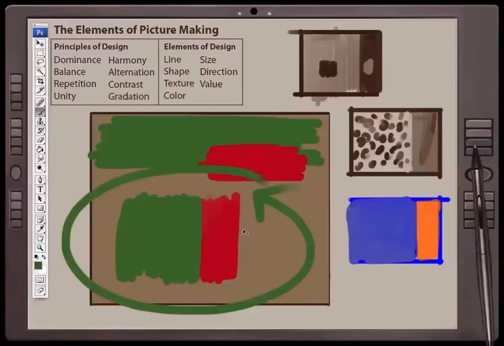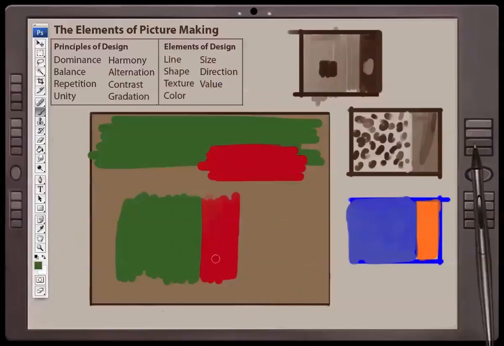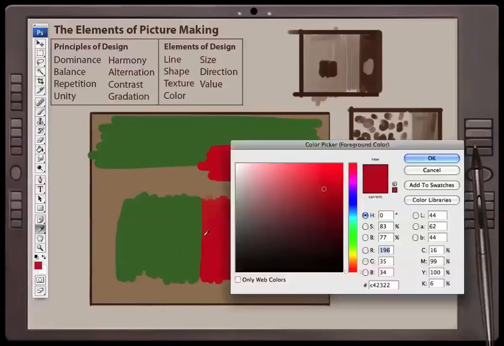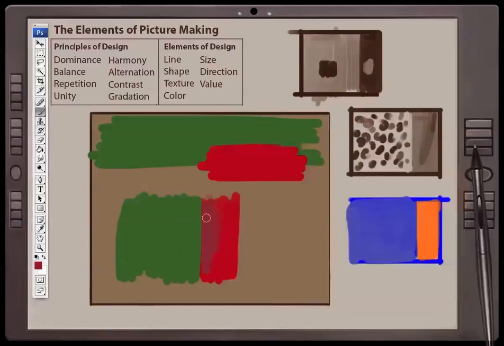But then there's conflict of the intensity of color. Both of these colors have the same intensity of color. So therefore, one needs to be reduced in its intensity, and I think I'll reduce the intensity of the red. And now the green appears more saturated or more intense.